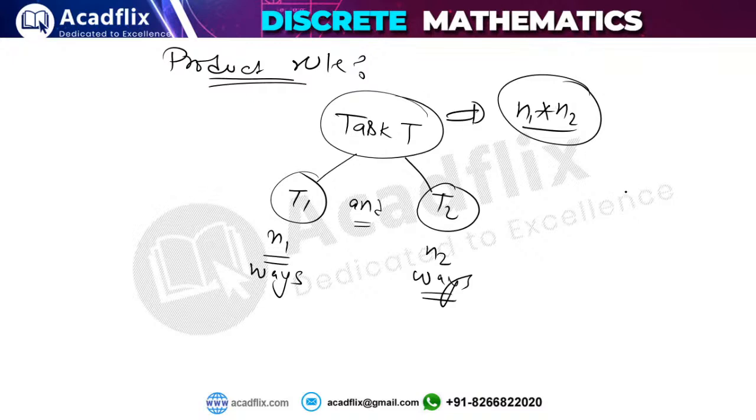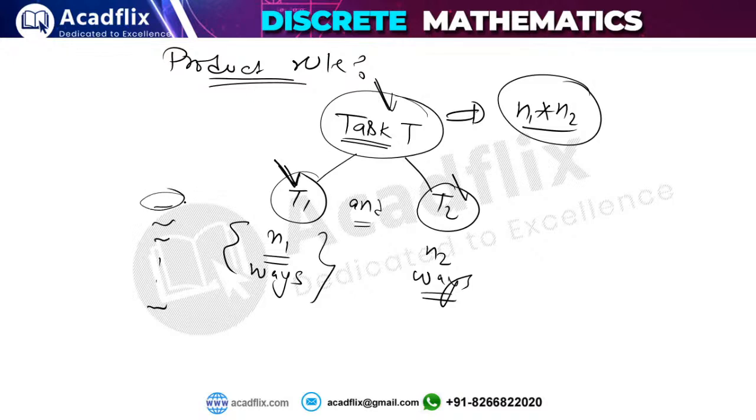Actually this product rule says like this: you have a task T, and to complete this task you need to complete this and you need to complete this. Now you can complete this task T1 in n1 ways. Like way 1, way 2, way 3 and so on, total n1 ways are there.